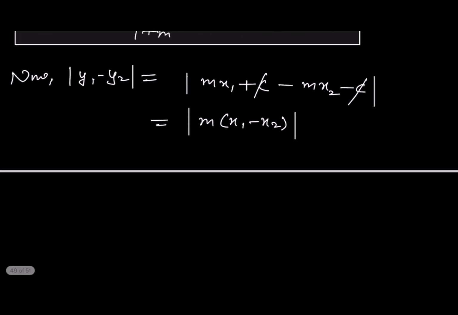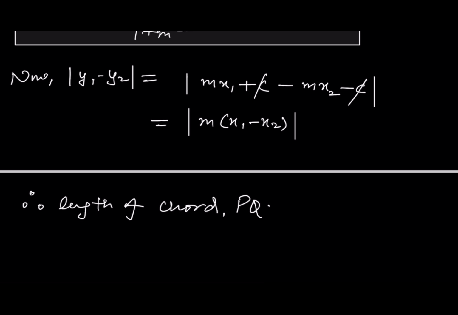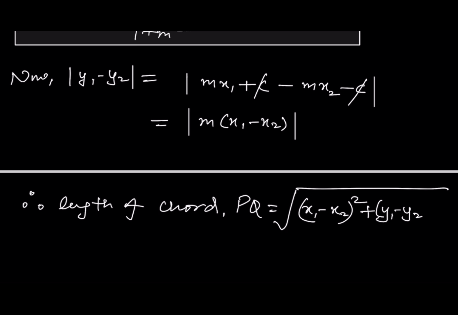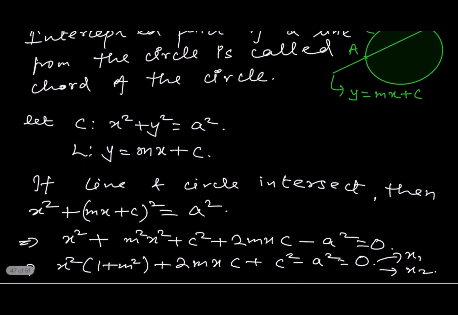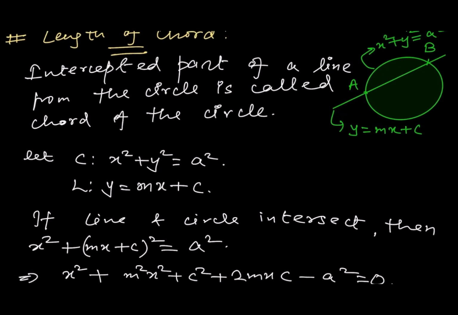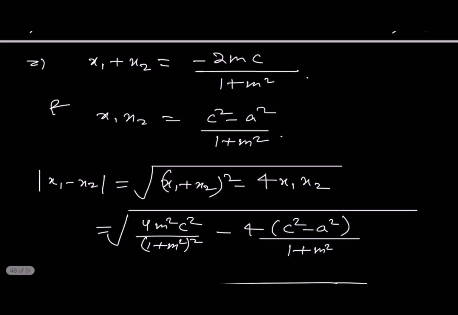Therefore the length of chord PQ is root over (x1 minus x2) whole square plus (y1 minus y2) whole square, as we are assuming here that coordinates of A are (x1, y1) and coordinates of B are (x2, y2), right?